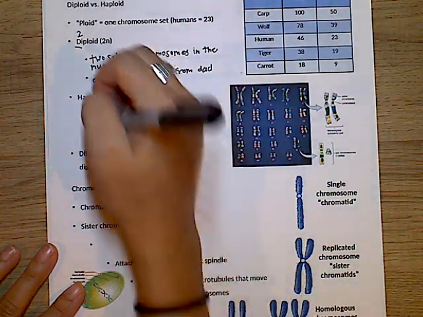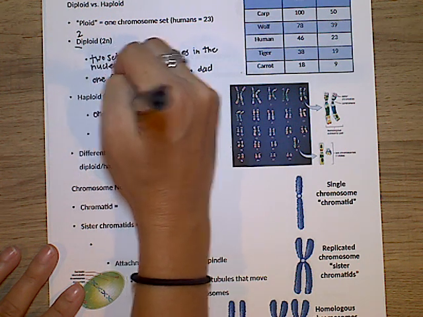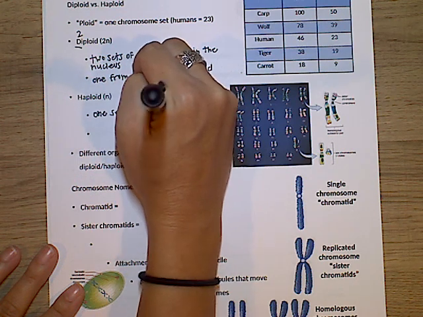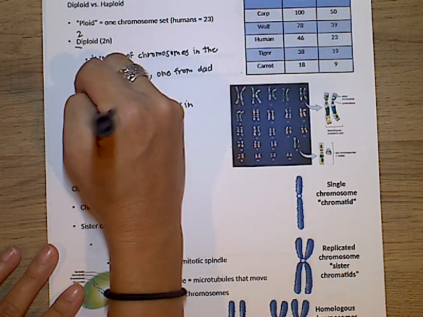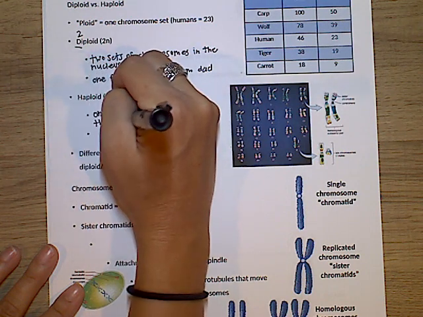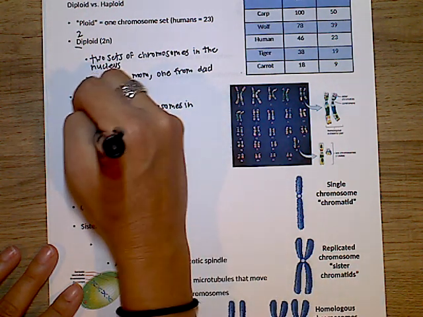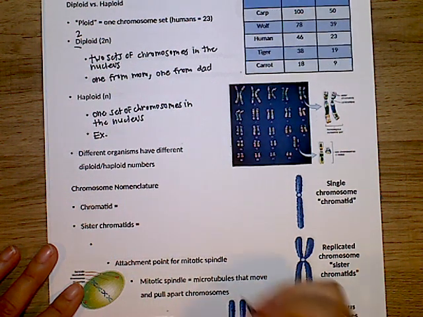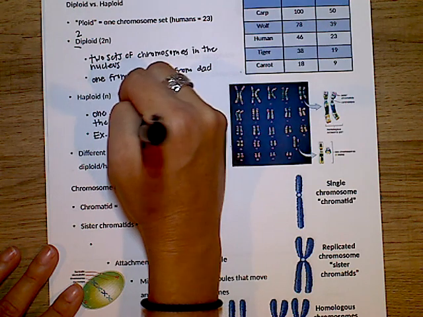Haploid is just one set of chromosomes in the nucleus. And an example of where you will find this in humans are in eggs and sperm cells.